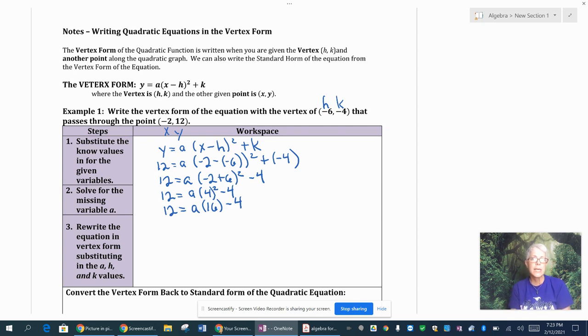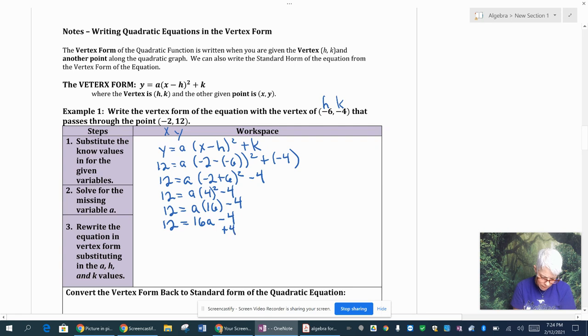But that 16 is tied to the A. In fact, I'm going to flip it so you can see it a little bit better. I'm going to put 12 equals 16 times A minus 4. Now you can see quite easily that you can't subtract the 4 from the 16. So go ahead and do that flip when you see it so you don't make that mistake.